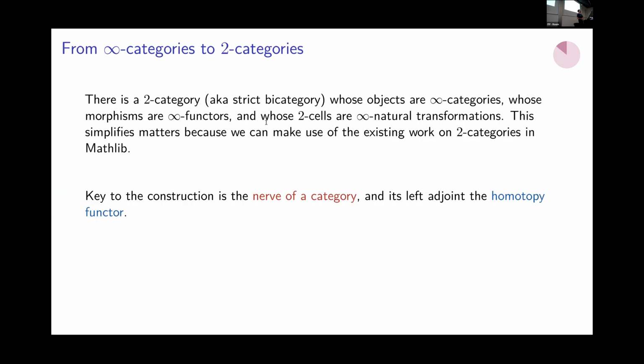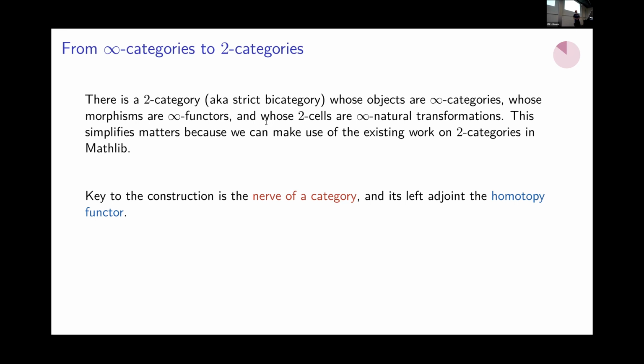But okay, there's a way of reducing infinity category theory to two-category theory in a way. So there's a two-category whose objects are infinity categories, the morphisms are infinity functors, and the two-cells are infinity natural transformations. And so that means that we can reuse a lot of the existing material on two-categories, which exists in Mathlib, in order to prove things about infinity categories.